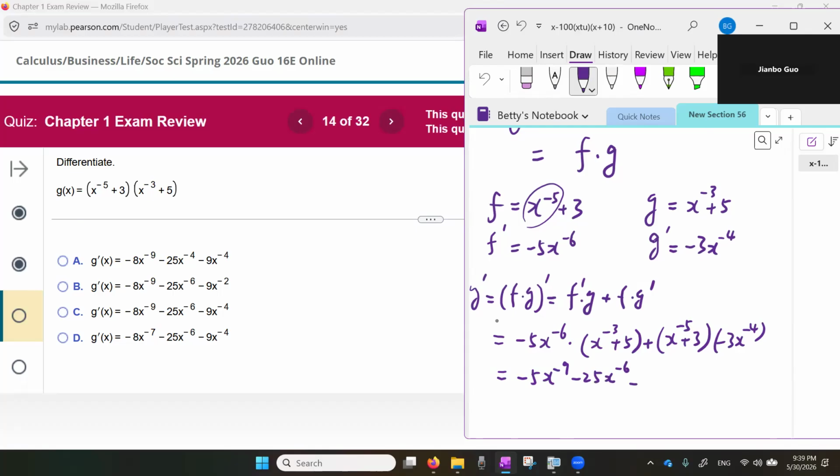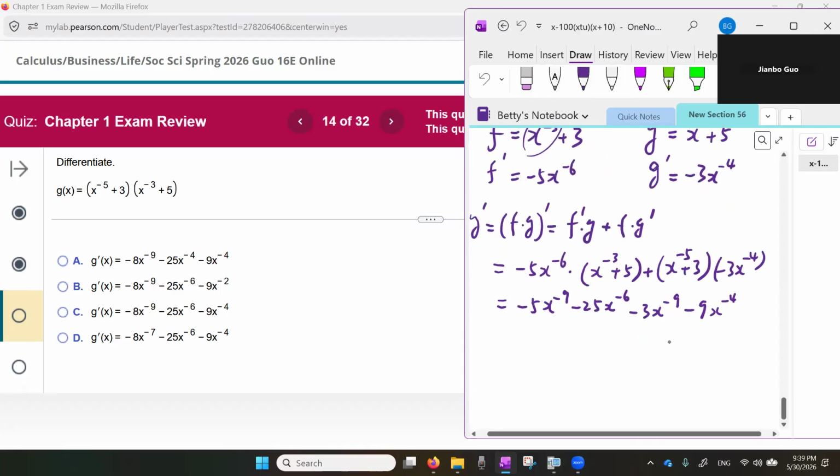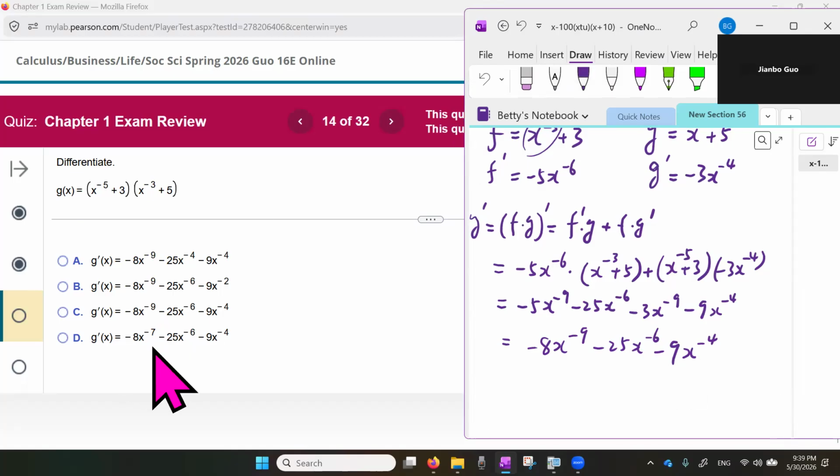This one gives 93x 99 minus 9x 94. We simplify, we have 98x 99, and this one is 25x 96, 99x 94. Which one is the same as this one?